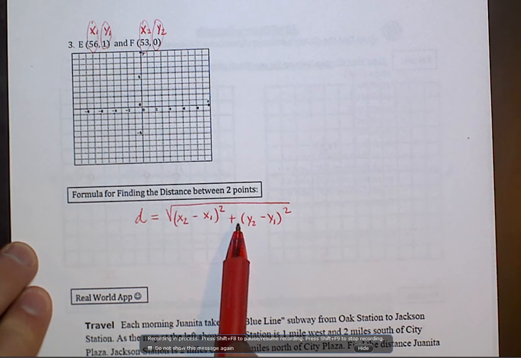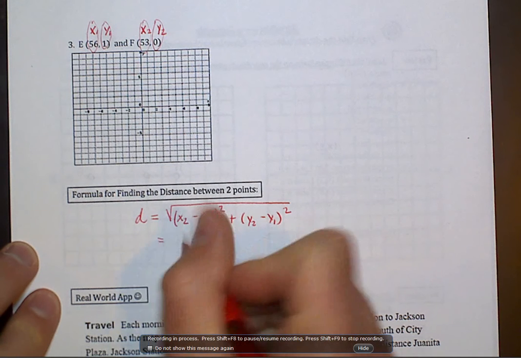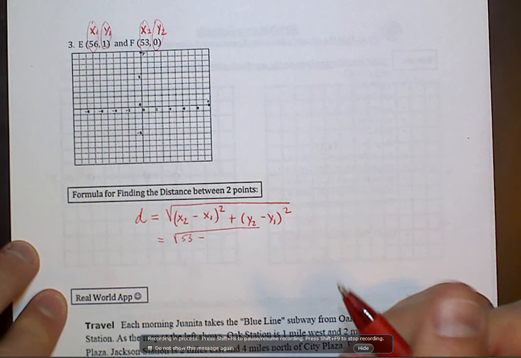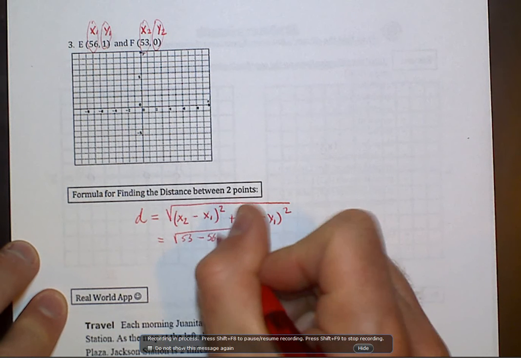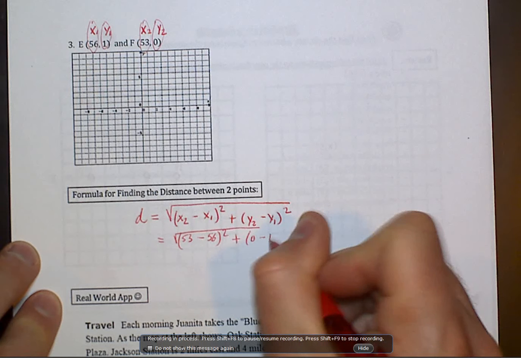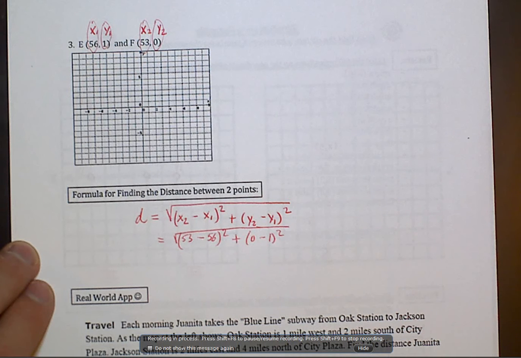So let's do that. My x2 is 53, subtract my x1 is 56, my y2 is a 0, and my y1 is a 1. And then you're going to simplify what's inside the parentheses because order of operations tells us to do that. Okay?